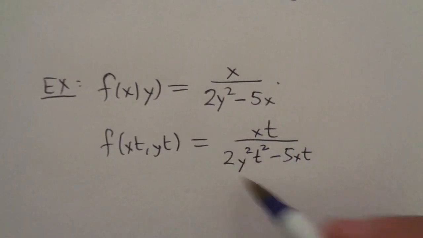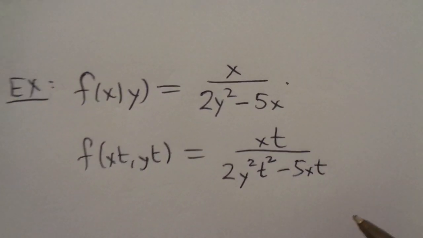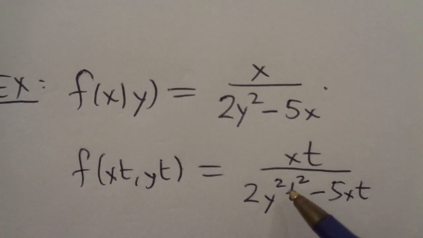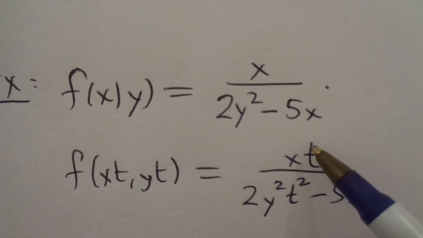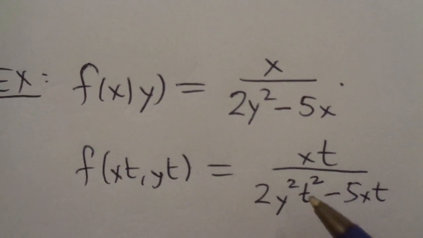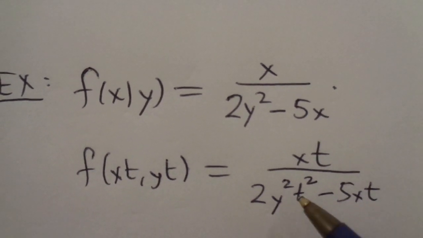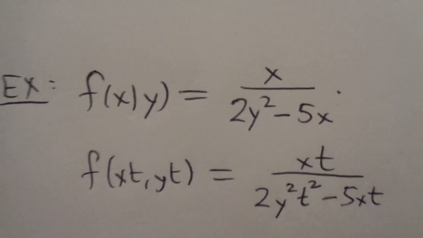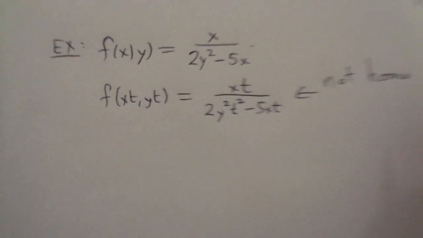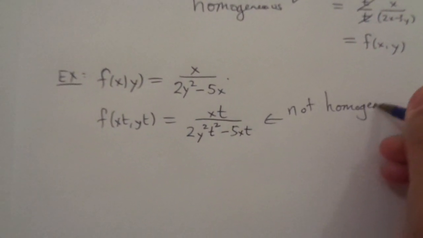And if you try to get all of the t's to disappear, you won't be able to do it because there's t squared right here and there's just t right here. And so you can factor one of the t's out of everything, but you'll be left with an extra t right here. This is not homogeneous.